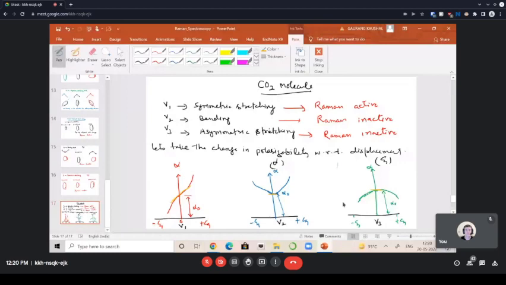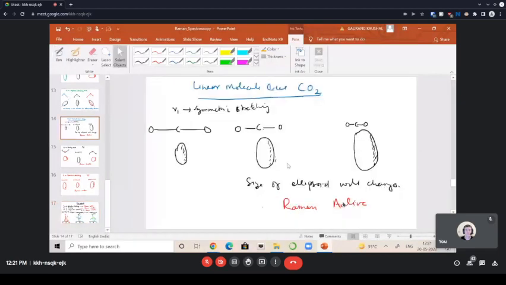These are actually the curves between the polarizability versus the displacement coordinates. In the first case, we have symmetric stretching. In symmetric stretching, there is a change in the polarizability ellipsoid because there is a change in the size. In the last lecture we saw that there is a significant change in the polarizability ellipsoid.